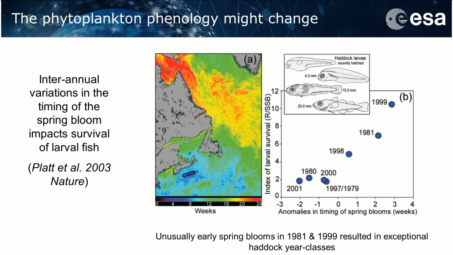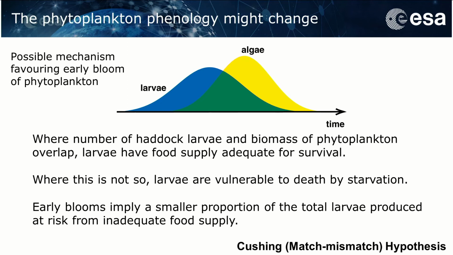Basically, when the spring bloom was later than average, we see a higher survival rate. When it's earlier than average, we see a lower survival rate. So phytoplankton phenology has a profound impact on these higher trophic levels that are feeding on the phytoplankton, as shown here.